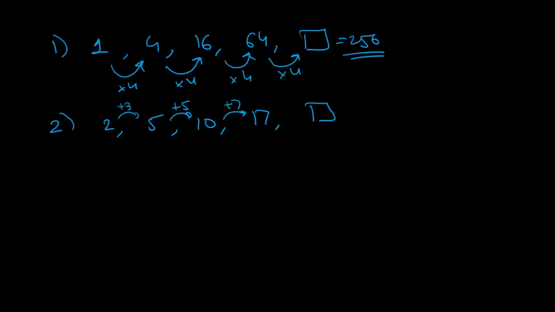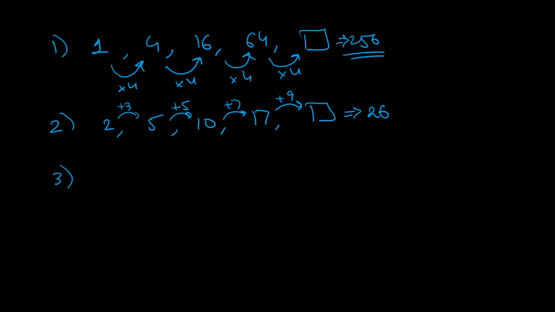So the increment itself is being incremented by 2 every time. So logically, again, pure logic, no mathematical formula from the data booklet I'm referring to, this is just observation and logical thinking being applied here, right? So 17 plus 9 gives us 26, right?